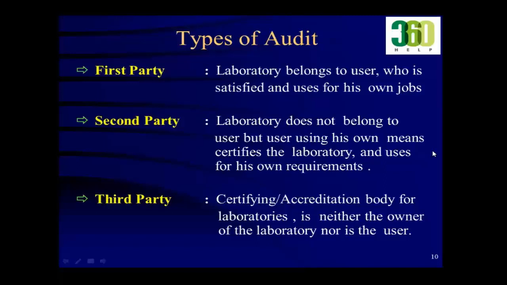If some doctor is referring you a test or has sent a sample for histopathology to your lab, he also has a right to come and audit your laboratory, which we call a second party audit. And when it is a third party audit, it means an independent body, not a user, not a provider, but an independent, unbiased body, comes and audits you.